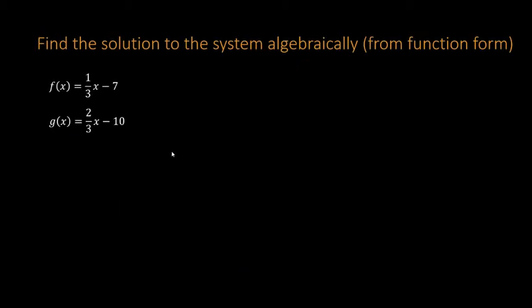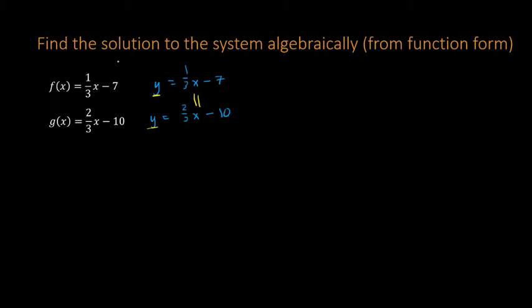Let's do one more example. So once again, finding solutions to systems algebraically from function form. The first thing I'll do is rewrite these as equations. So I'll get y equals 1/3 x minus 7 and y equals 2/3 x minus 10. By the transitive property, I know that if y equals that expression and y equals that expression, then these two expressions must also be equal to each other.